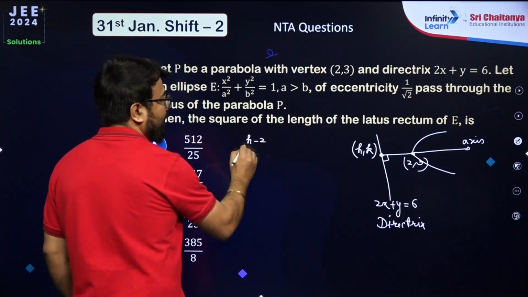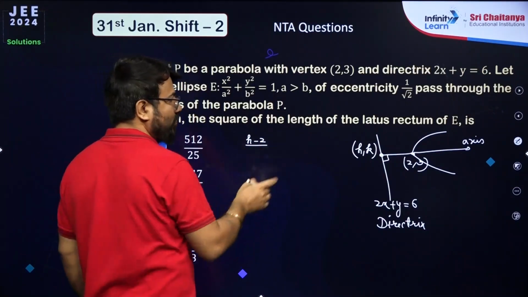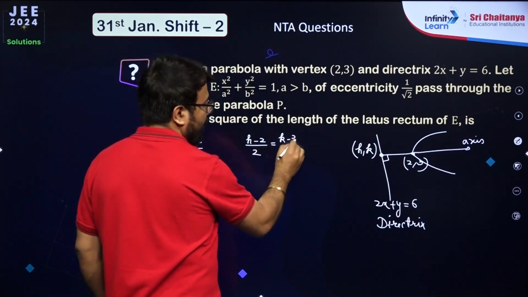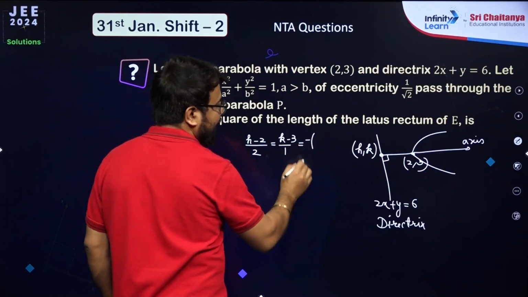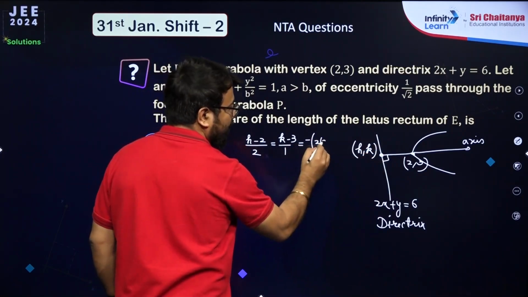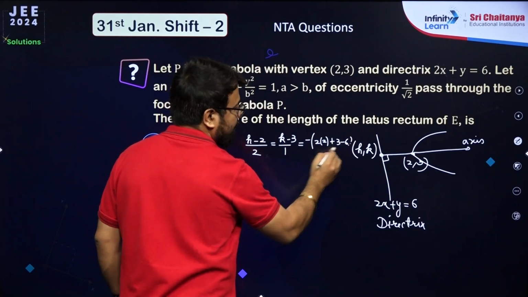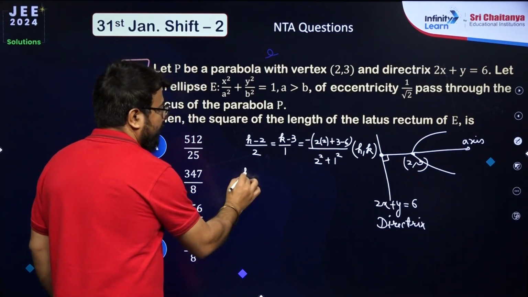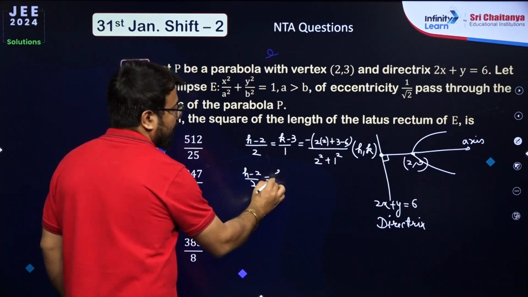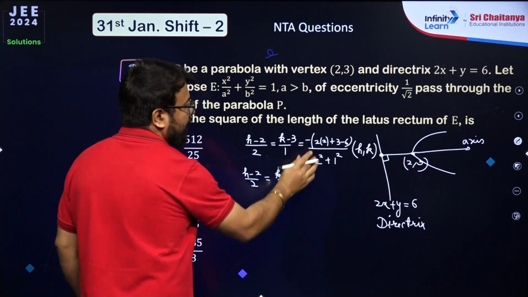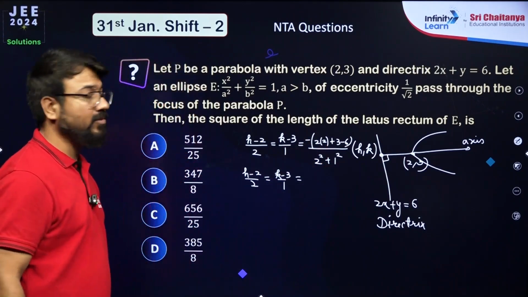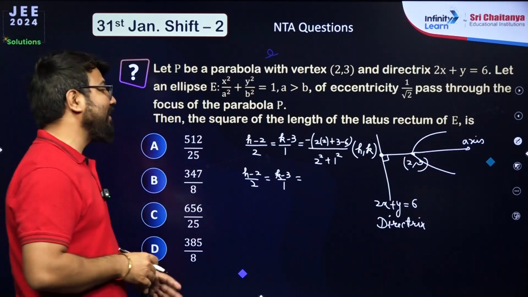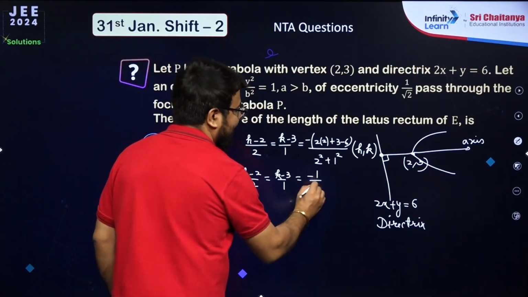This is a foot of perpendicular, so I am applying the logic: h minus 2 over a, and k minus 3 over b, equals negative times, substituting this coordinate, 2 into 2 plus 3 minus 6, whole divided by a square plus b square. So it will be h minus 2 over 2, k minus 3 over 1, equals minus 4 plus 3 minus 6 over 5, that is negative 1 over 5.